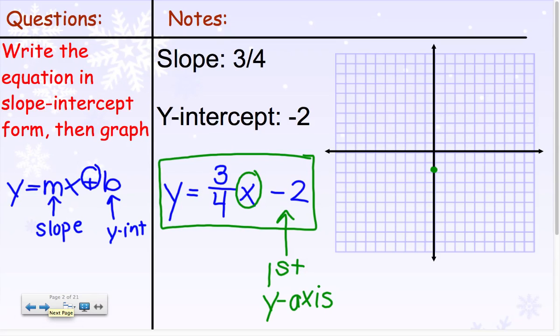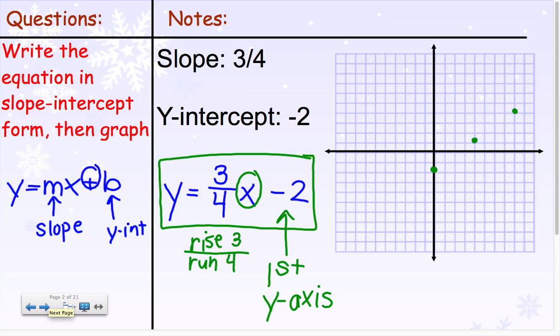From this dot, I'm going to rise 3. So I'm rising 3, running 4. Again, from this dot. Don't start from the origin. You have to start from this dot. So rise 1, 2, 3, run 1, 2, 3, 4. If you want to make another dot, you can, but I'm going to go from the dot I just made. Rise 1, 2, 3, run 1, 2, 3, 4.